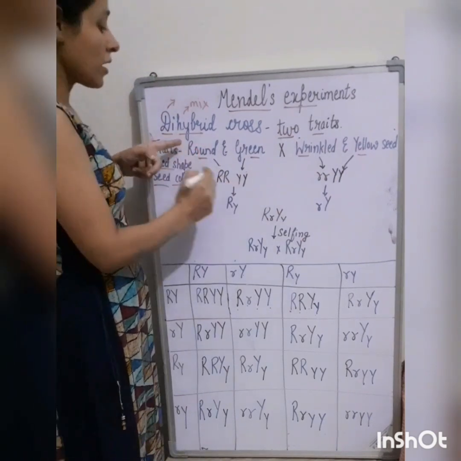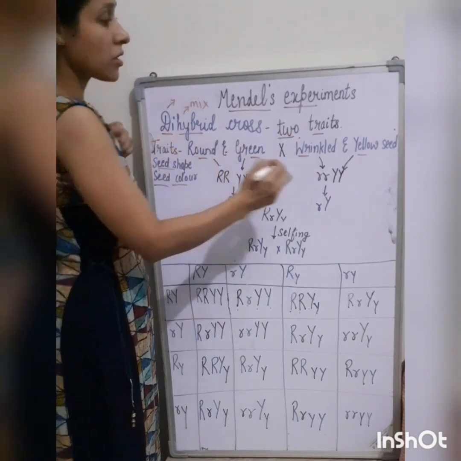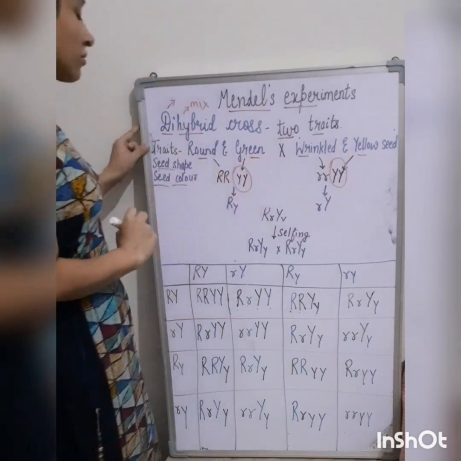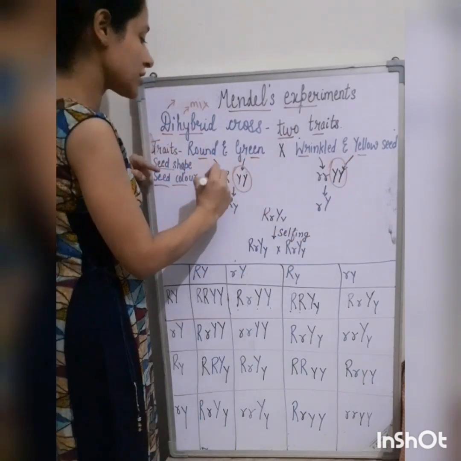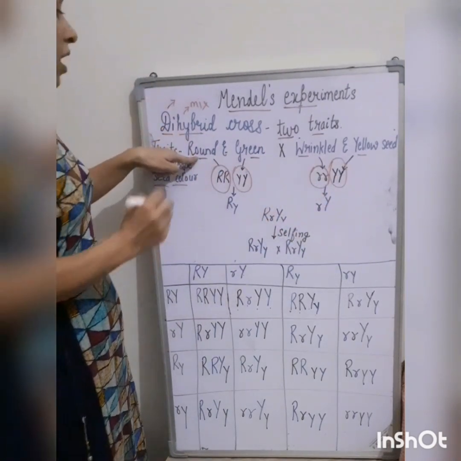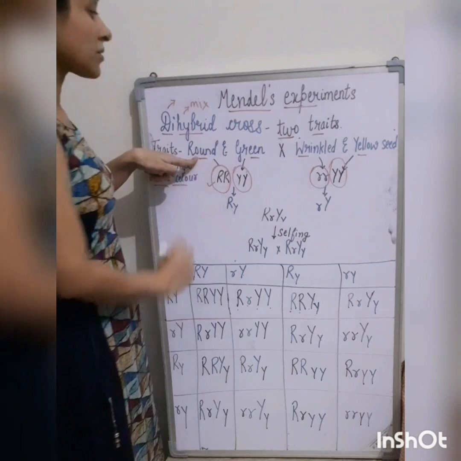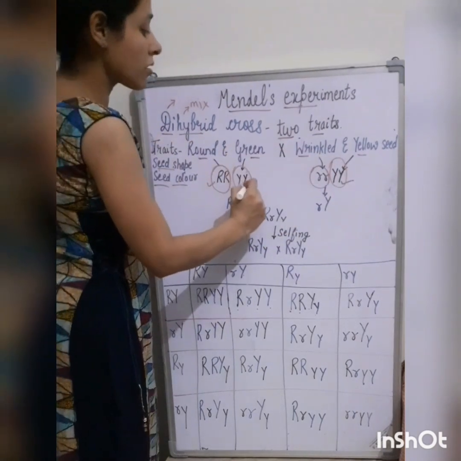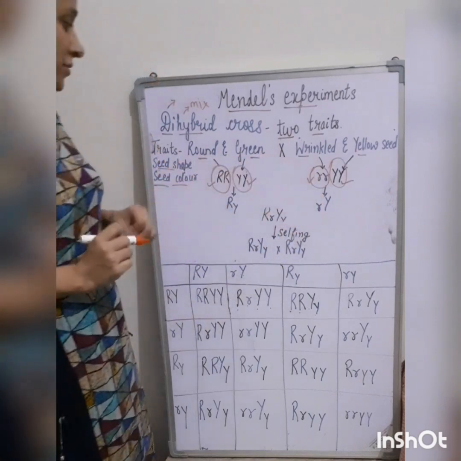Notice that yellow seed color is dominant over green, and round seed is dominant over wrinkled seed. Dominants are represented by capital letters and recessive are represented by small letters.